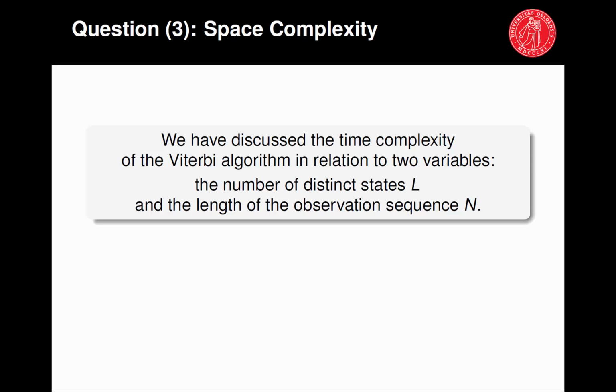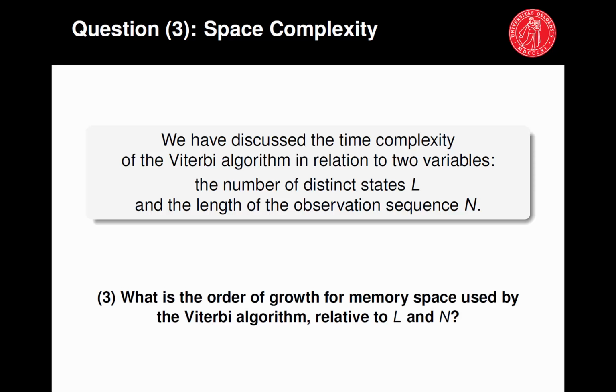Third question on space, not time complexity, regarding the Viterbi algorithm. We've discussed its time complexity in relation to the number of distinct states, the size of the state set, and the length of the observation sequence, L and N. And I'm asking you, what is the order of growth for memory? What is the space complexity for the Viterbi algorithm relative to L and N?